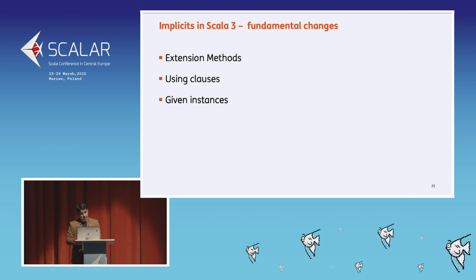The changes in Scala 3 around implicits, or around contextual abstractions, fall into 3 main categories. The first is extension methods, which are new in Scala. The second is using clauses. And the third is given instances.